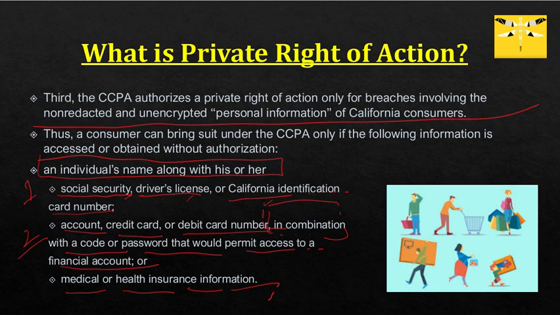Thus, if any of these things combined together are there, then it is said to be a breach. Thus, a consumer can bring a suit under the CCPA only if the following information is accessed or obtained without authorization. Okay, coming to our next line.